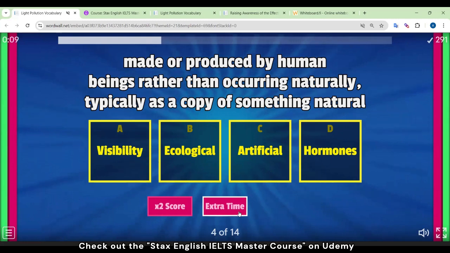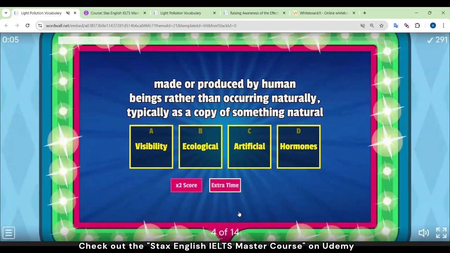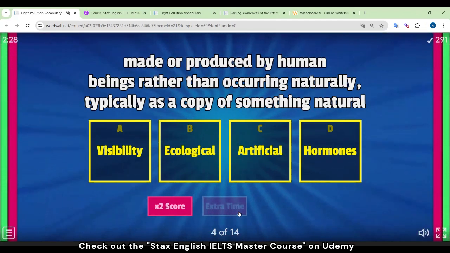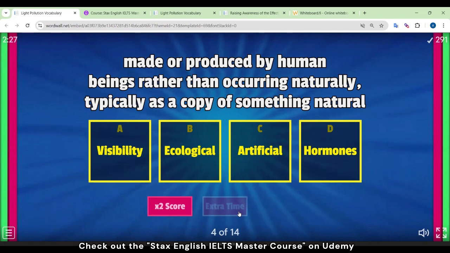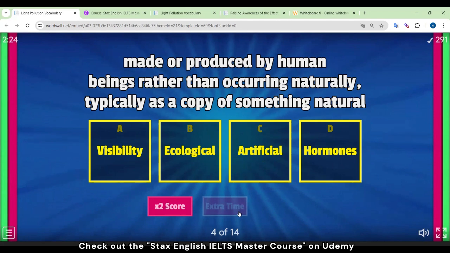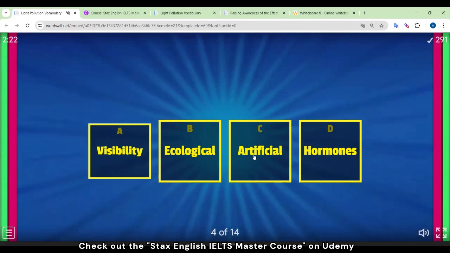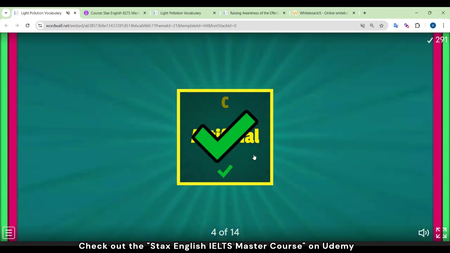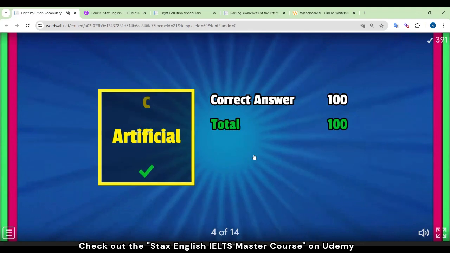It's something that is created by human beings, kind of like when you have grass and it's made from plastic, the fake grass that you can get. Well, the proper term for that is something grass. So what do we think? Artificial. Artificial is right. Well done. Artificial grass or anything that is artificial is made by humans.